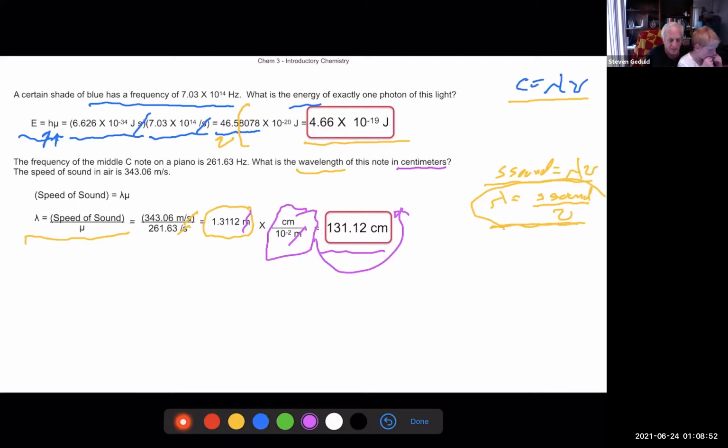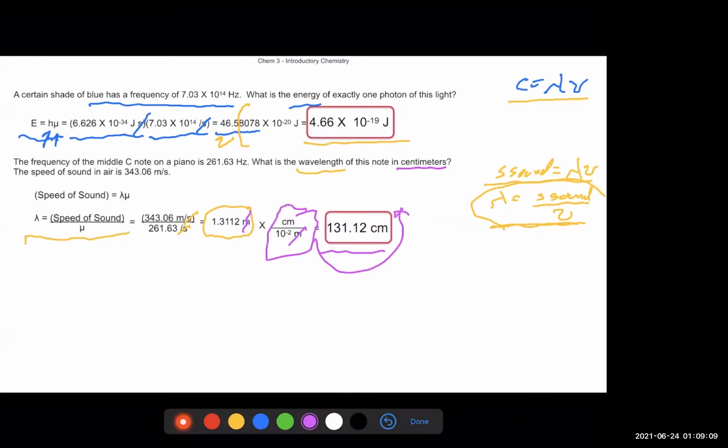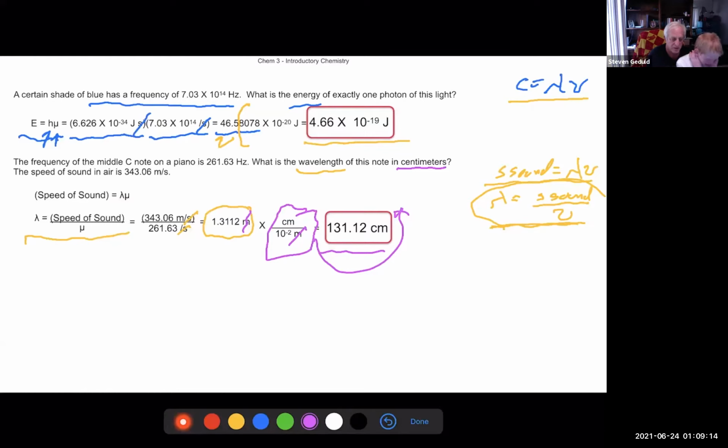If there's any pertinent questions, I can answer those now, or we can start on chapter 5 and then review any questions you have at the end. But any burning questions, let me know now. Did you want to go through the SPDF orbitals again real quick before we start? You mean the electron configuration? Electron configurations, yeah.